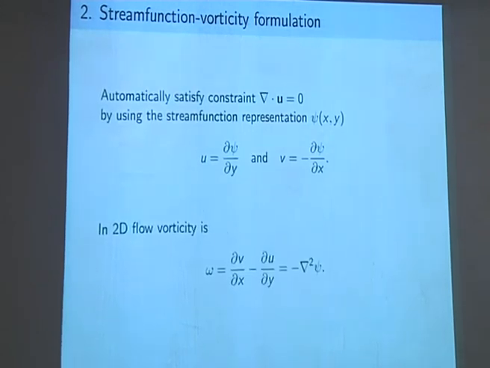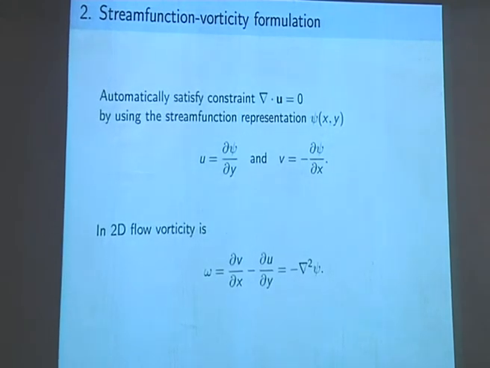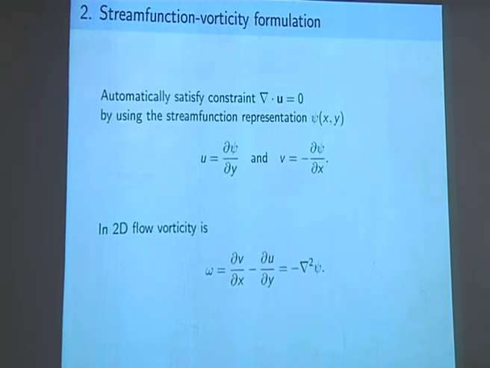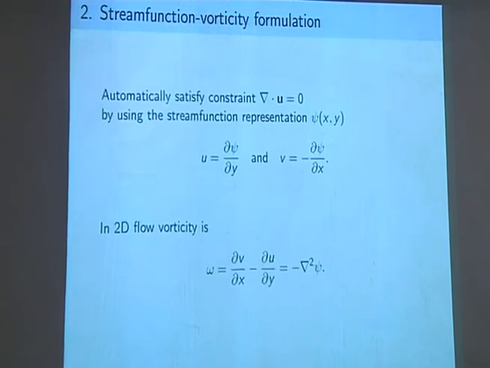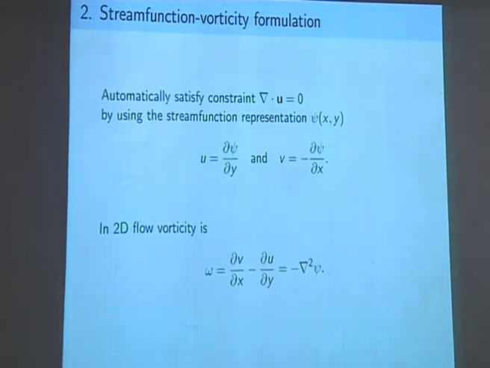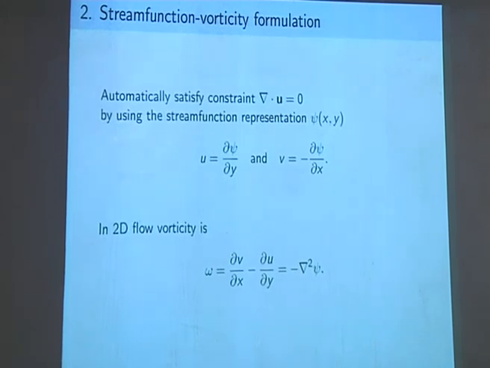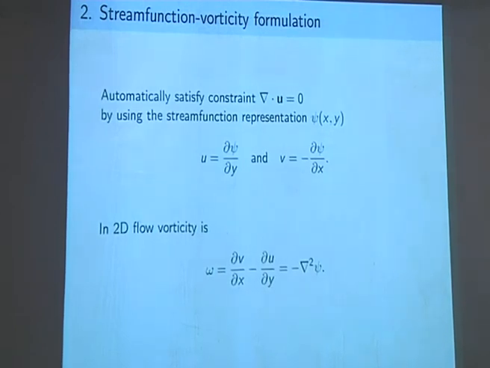And something of interest is the vorticity, the curl of the velocity, which is the x derivative of the y velocity minus the y derivative of the x velocity. That is obviously going to provide me the first term, the x derivative of v is going to be minus 2 x derivatives of psi, and the y derivative of the x velocity u is going to be 2 y derivatives.